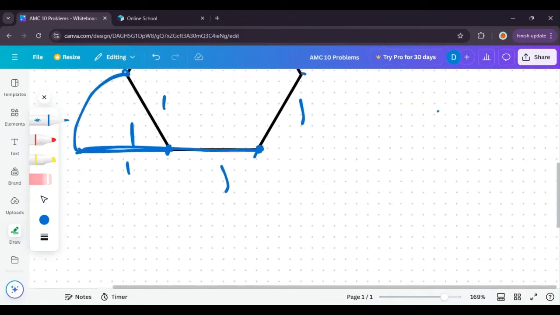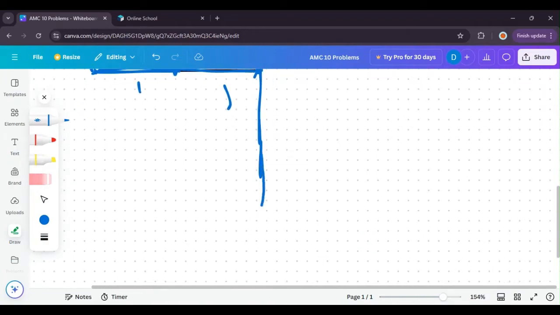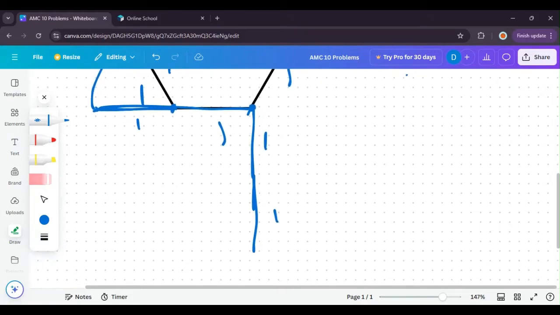And then also, we know that Spot can reach 2 yards in this direction. So if this was 1, this was 1, he can reach 2 yards in this direction as well. Hold on, let me draw it better. Let me try to draw it as well as possible.